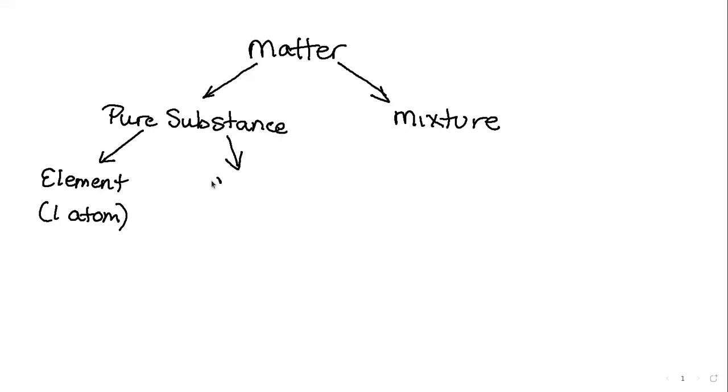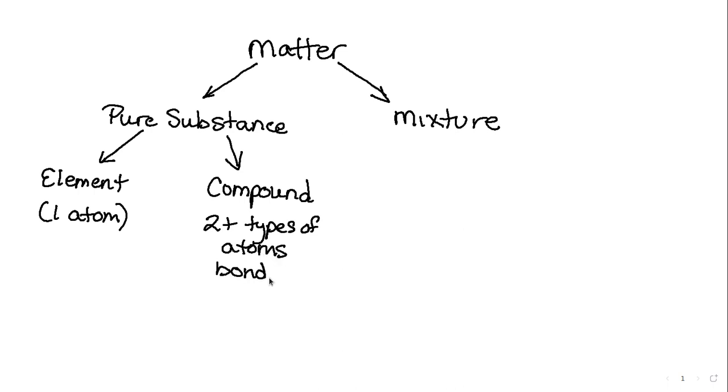Or it can be a compound, which, if you remember the definition, is 2 plus types of atoms bonded together in a fixed ratio. There's not enough room in your chart to write this whole thing out, but I wanted you to hear it. Compound is the answer they're looking for.